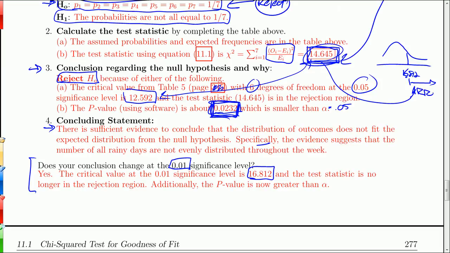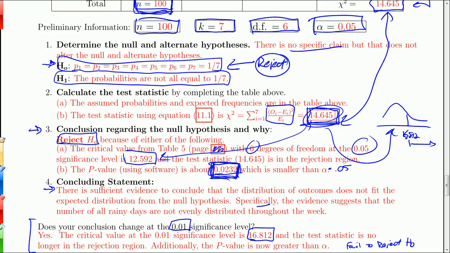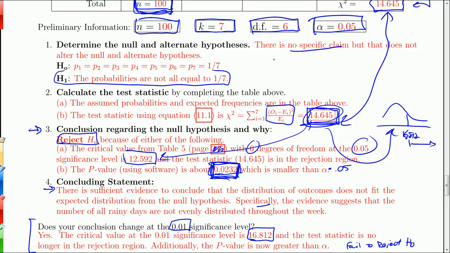And my test statistic is no longer in the rejection region. Right? So I would fail to reject the null hypothesis. And I would basically say there's not enough evidence to suggest that the probabilities are not all equal to 1/7. Right? Or there's not enough evidence to conclude that the distribution is not even.